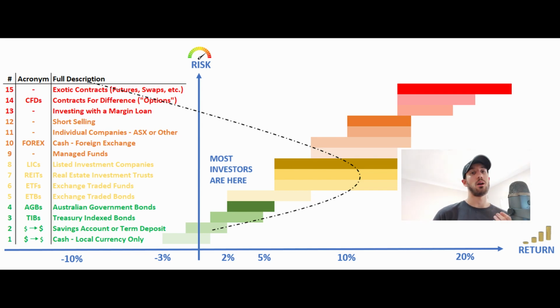Keep your money away from cash. Don't have too much cash unless you're saving for a property or saving for something. That's a different story. I'm not talking about that money. I'm talking about money that you should be investing. Keep that money away from high risk assets. Don't put all your money into small cap mining companies or even individual companies.